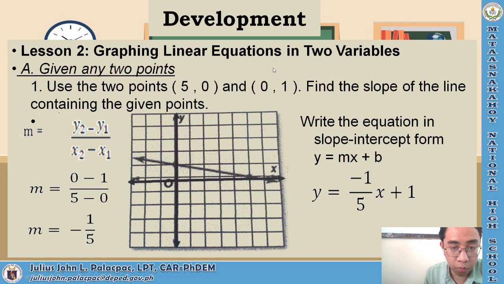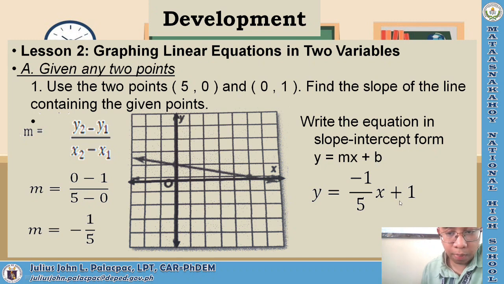And then the other point is (0, 1). So the x is 0, so it remains on the origin. Positive 1, so it's above on the y-axis. So 1 here. And then we will put a line here to make it a linear equation. We have a negative slope, so it goes downward.